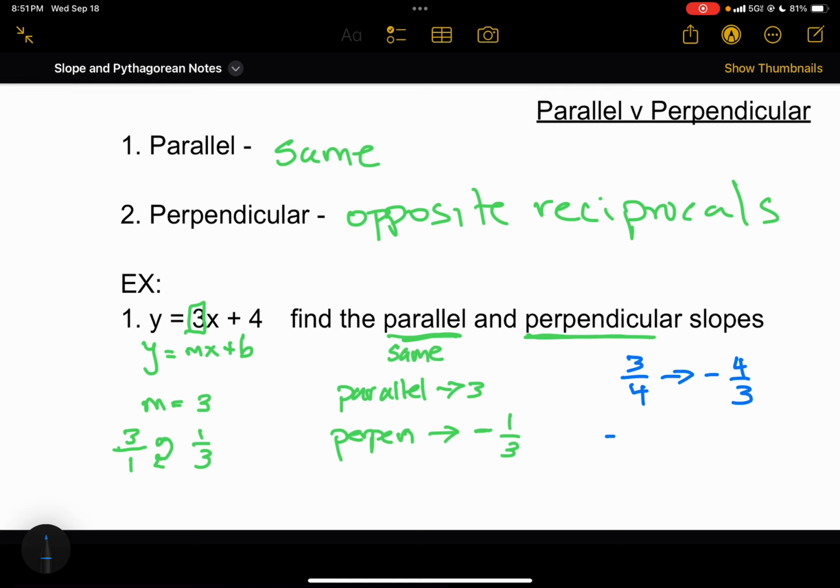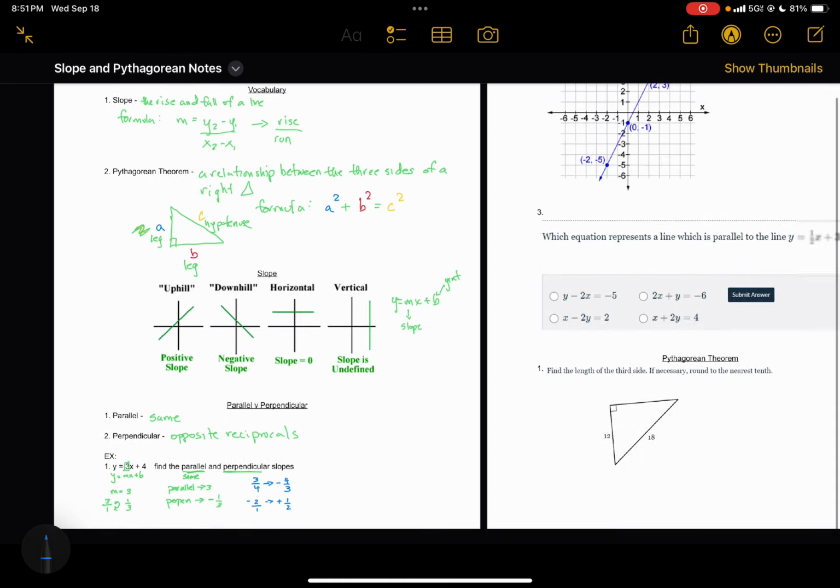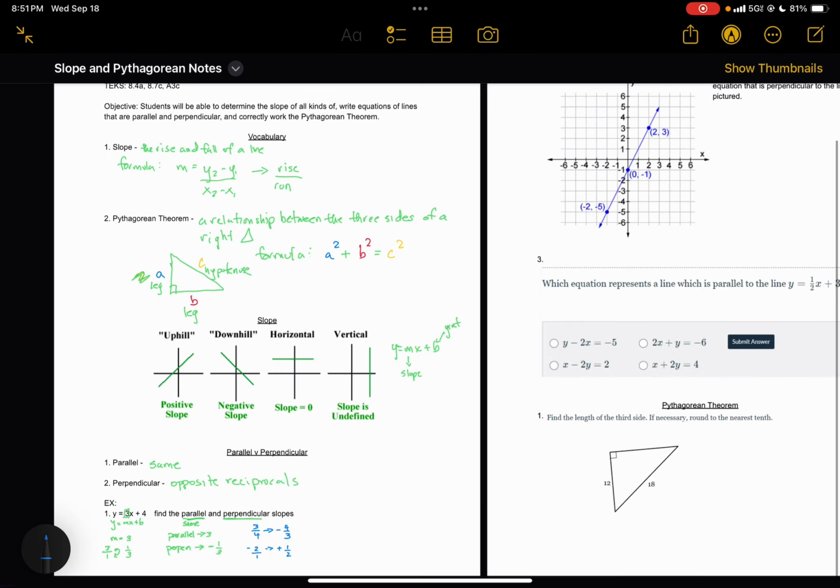So if I have a negative 2, if I was to make that a perpendicular slope, it's negative. When I make the perpendicular, it becomes positive. And I'm taking that 2 and making it 1 over 2 because I'm going to remember that those can be fractions. Okay? Let's look at the next page.